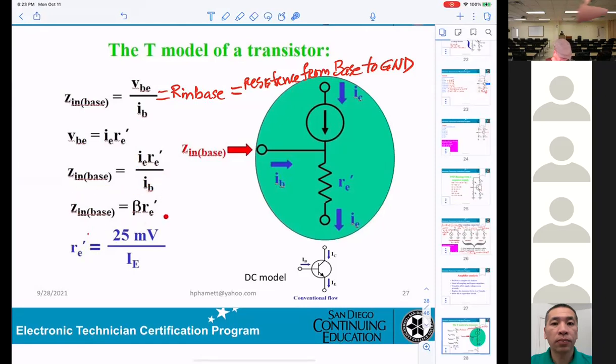Finally, the formula: in order to calculate the resistance from the base to the ground, you use beta times R prime E. Finally, R prime E for the bipolar transistor uses the formula 25 millivolts divided by IE.